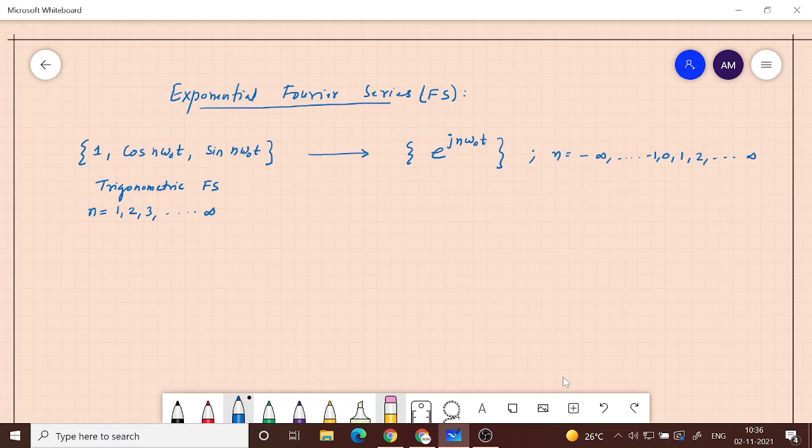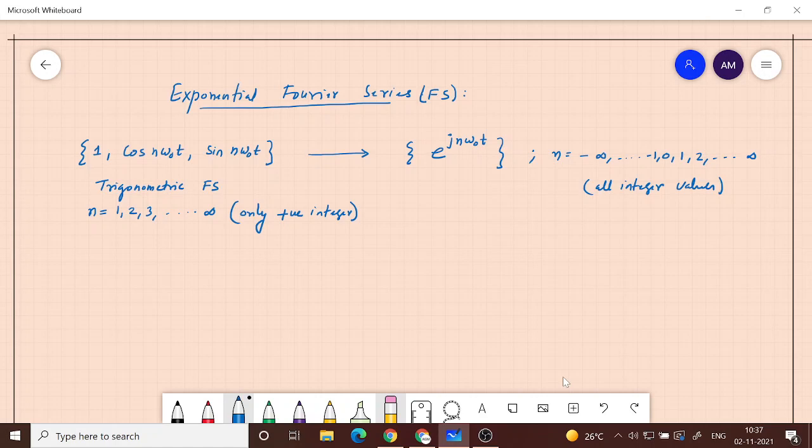That means all integer values including 0. So here only positive integers. These are the differences.